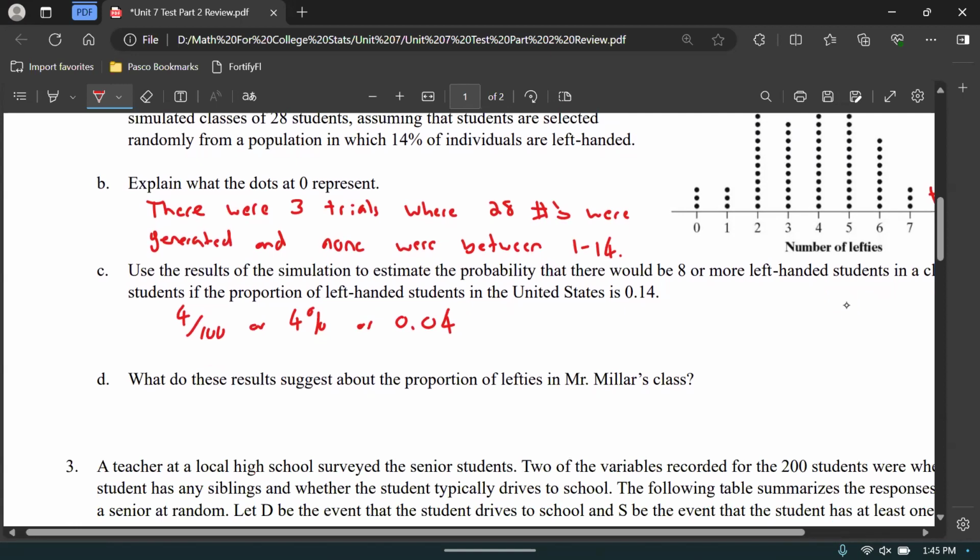What do these results suggest about the proportion of lefties in Mr. Miller's class? I guess that he has kind of a rare event of having a lot of left-handers. So he has more left-handed students than, I'll say, 96% of the population.